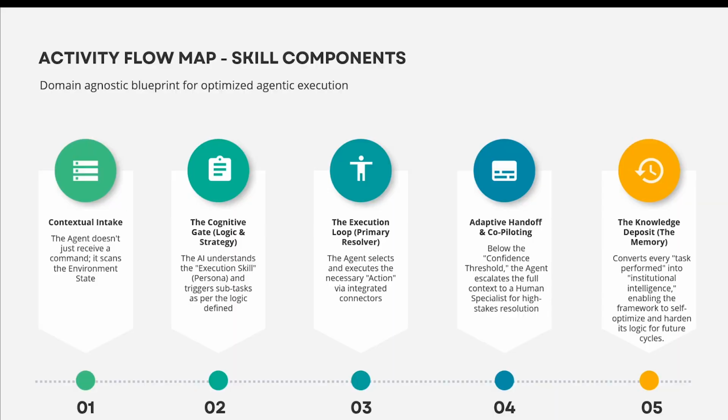Then it takes action with the help of its tools, connectors or integrations that are available at its disposal, based on the confidence score it has. For instance, if the confidence score is high, then it automatically takes action, or if the confidence score is moderate or low, it asks for human intervention or even escalates it for human takeover.